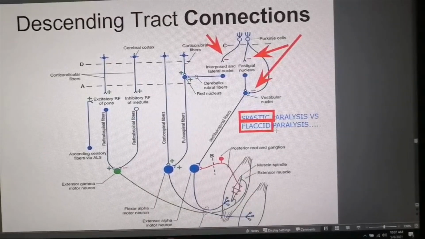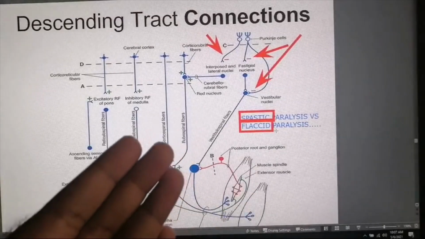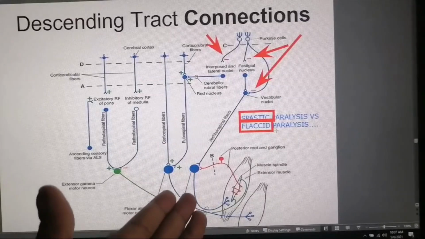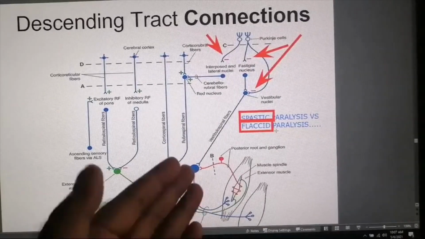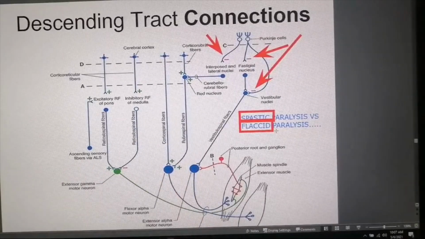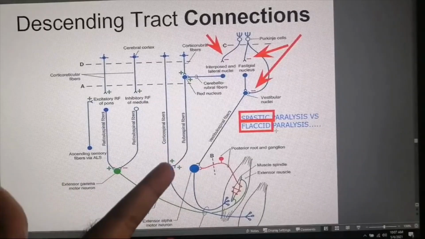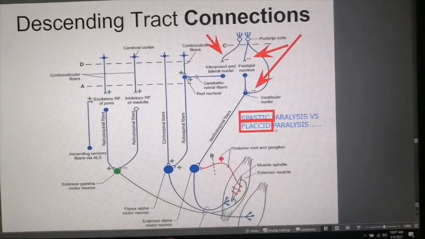But what kind of paralysis? You've denervated it, so it will go into flaccidity. So that paralysis is also a paralysis, but of the flaccid type. Right? This is a big question, a viva question and MCQ question: what type of paralysis happens in upper and in lower motor neuron lesions, and why?